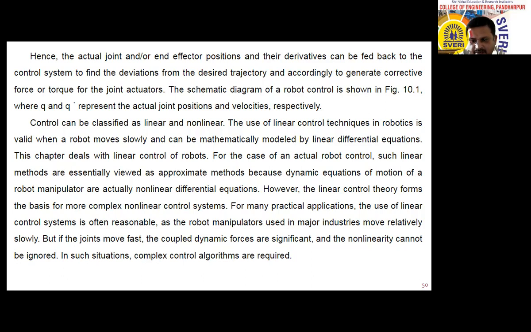For many practical applications, the use of linear control systems is often reasonable, as the robot manipulators used in major industries move relatively slowly. But if the joints move fast, the coupled dynamic forces are significant and the non-linearity cannot be ignored. In such situations, complex control algorithms are required.